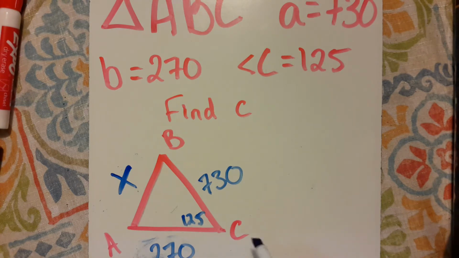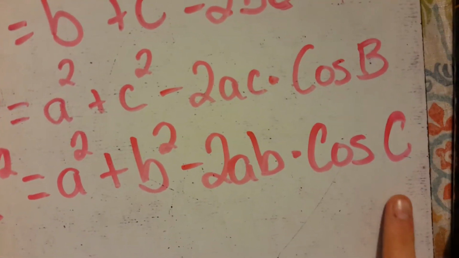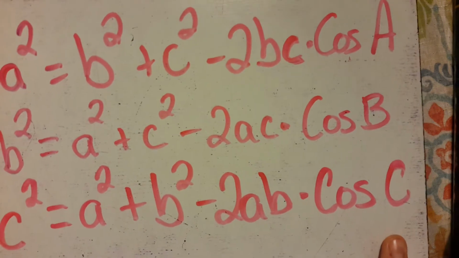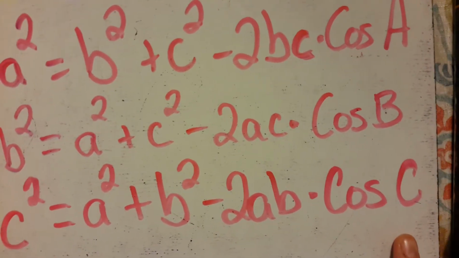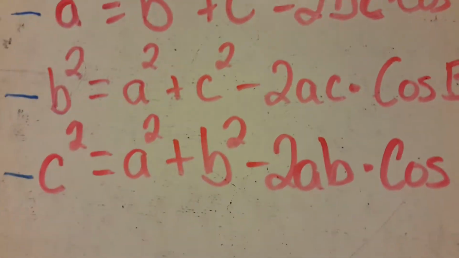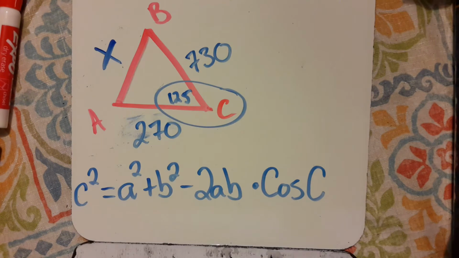What I'm going to do is notice that I know angle C, which means I'm going to be looking at this bottom one because it's the one that uses angle C. See how the others use angle A and B. I don't know angle A or B. I know angle C. So I'm going to copy this down onto this other whiteboard real quick. And then I'm just going to plug information in as I know it.